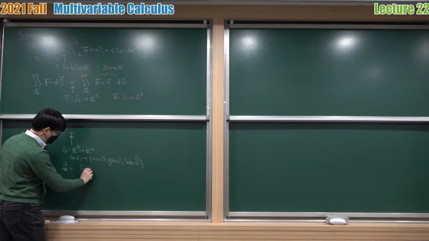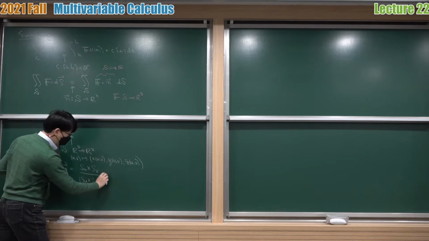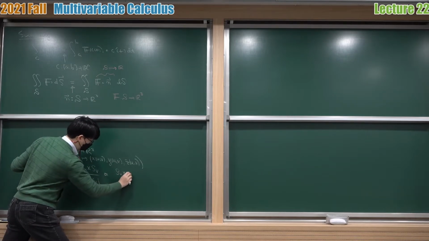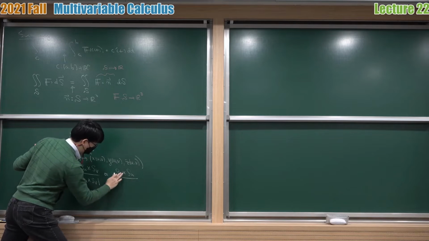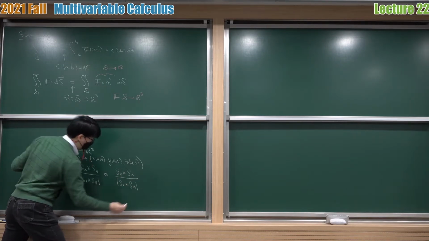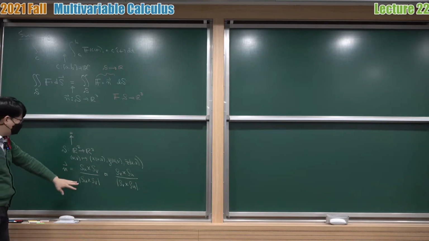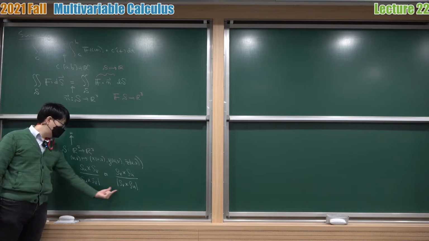Suppose that you can have S_u cross S_v as an orientation, or S_v cross S_u could be your orientation. So depending on how you define your orientation, this n is either this or this.